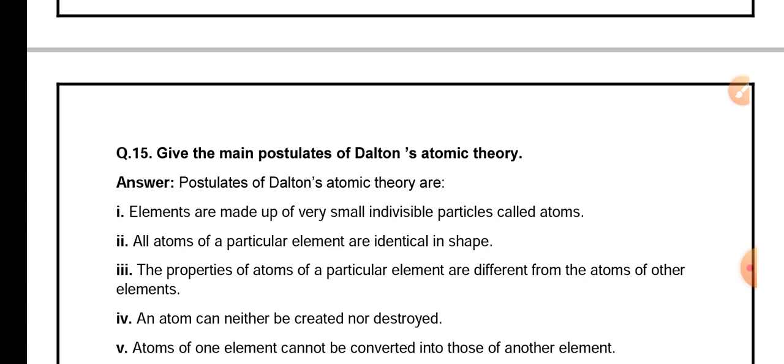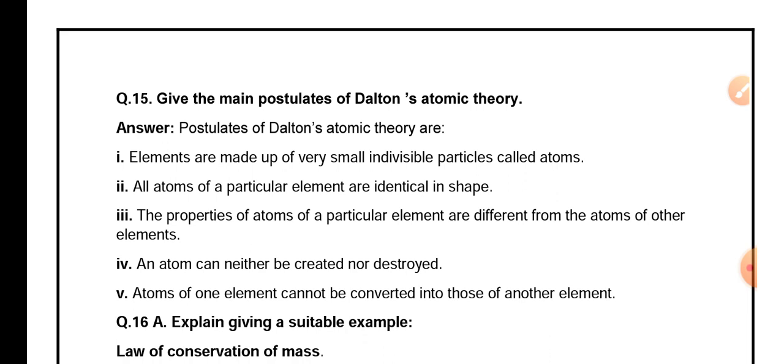Properties of atoms of a particular element are different from the atoms of other elements. An atom can neither be created nor be destroyed. Atom of one element cannot be converted into that of another element.